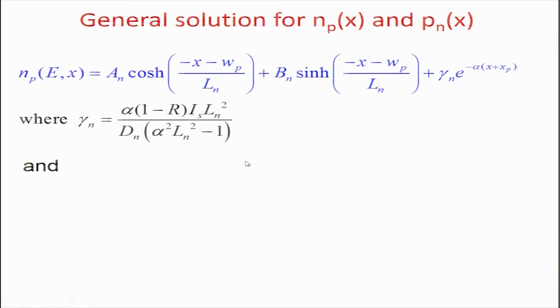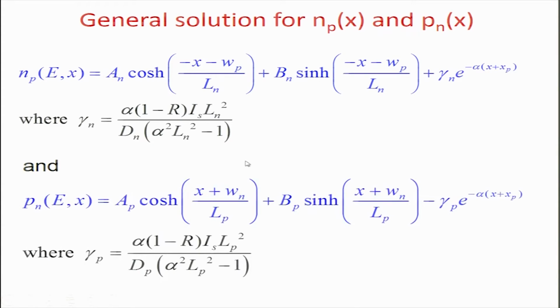And then for Pn(x), as a function of distance, you have similar terms. So, Ap cosh of, instead of minus (x minus Wp) by Ln, now we have (x plus Wn) by Lp. For electrons on the P side, you have this minus Wp term appearing because this is on the P side.